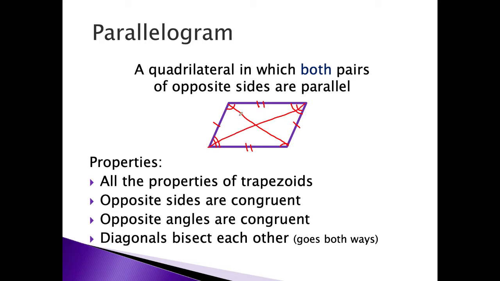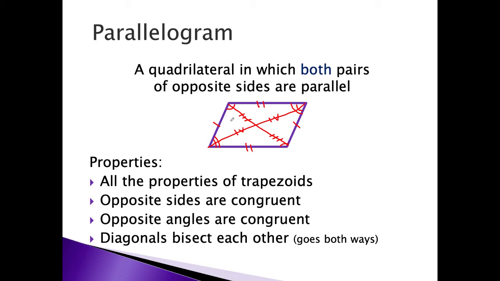We now know that this diagonal is bisected, so those two lengths are congruent, and we know that this length is congruent to this length. So those diagonal lengths are now congruent.